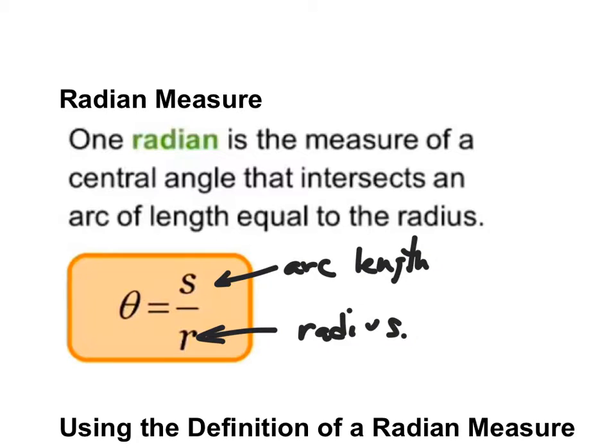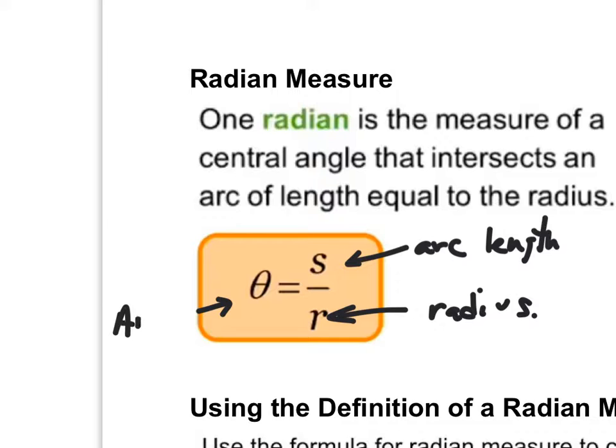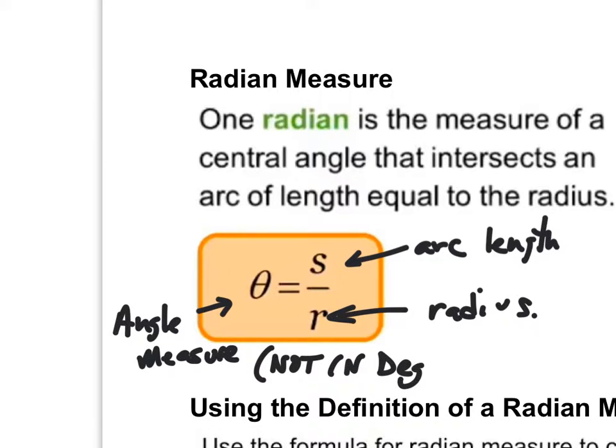If you divide those by each other, it gives you your angle measure in radians. What we want to make sure you understand is that this is not in degrees. It's in radians, not in degrees.